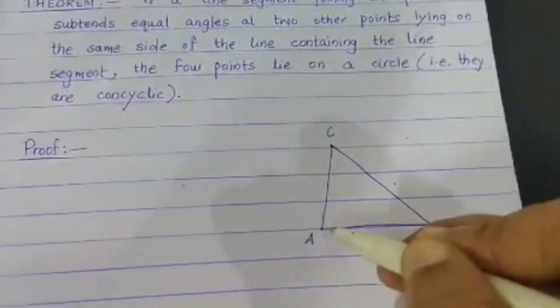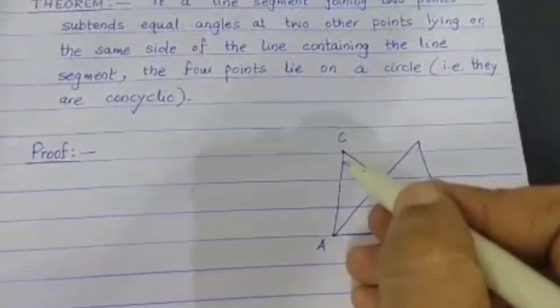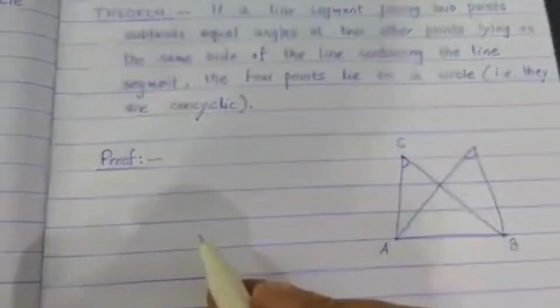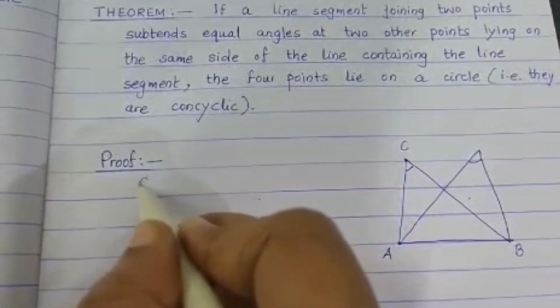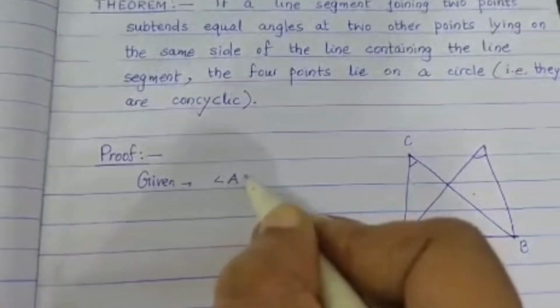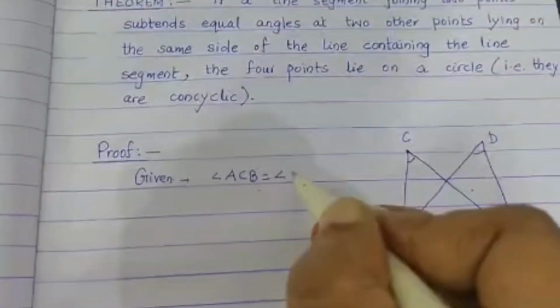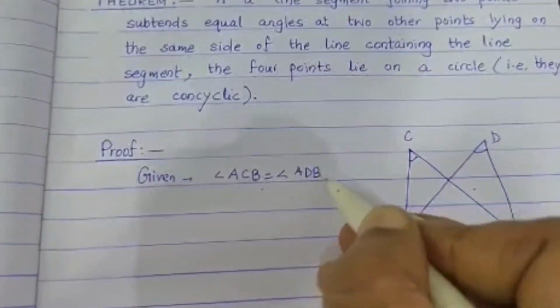This is ACB, this is ADB. So basically we have been given that angle ACB is equal to angle ADB.